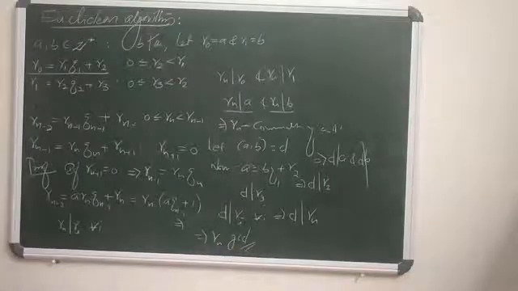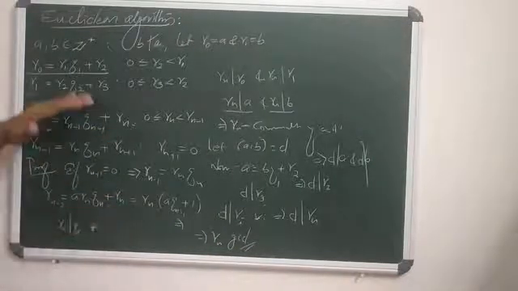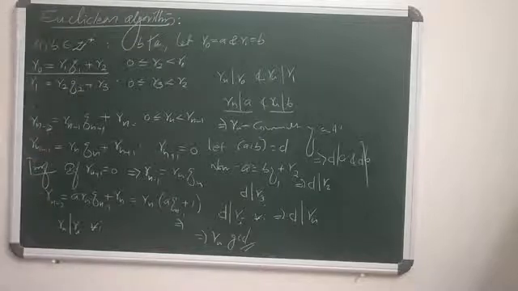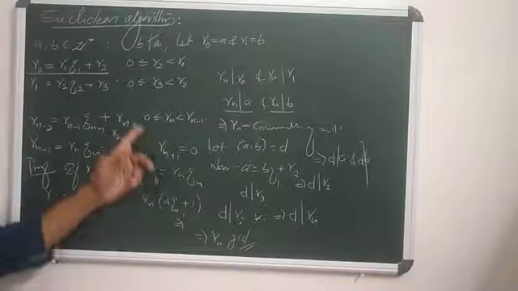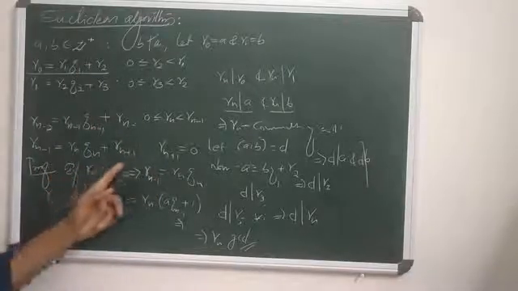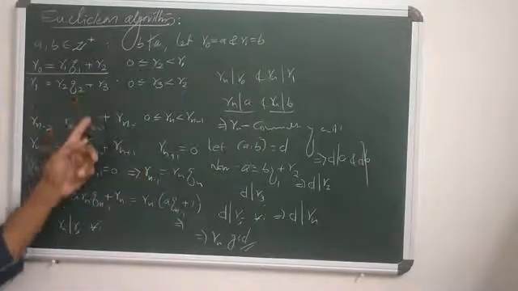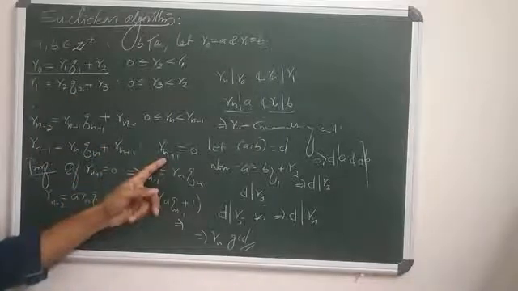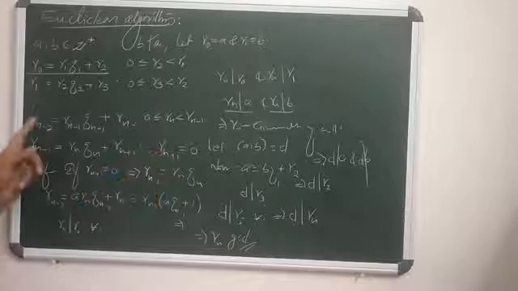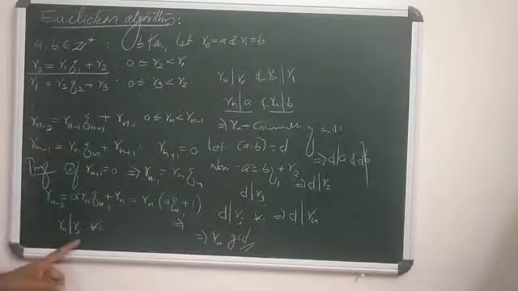So this is the Euclidean algorithm. If you repeatedly apply the division algorithm, then finally you will have these relations. Here Rn plus 1 must be 0. Why? Because it is a non-negative decreasing sequence. Then Rn plus 1 equals 0, and we have Rn divides Ri.